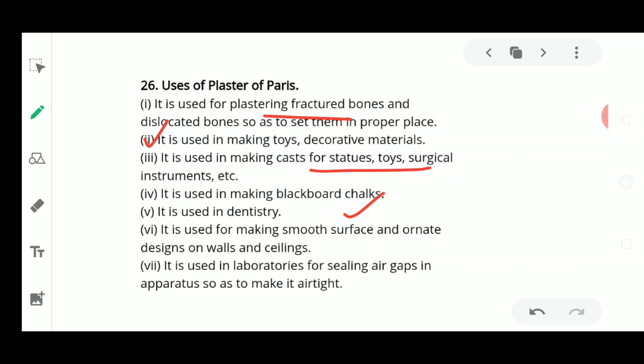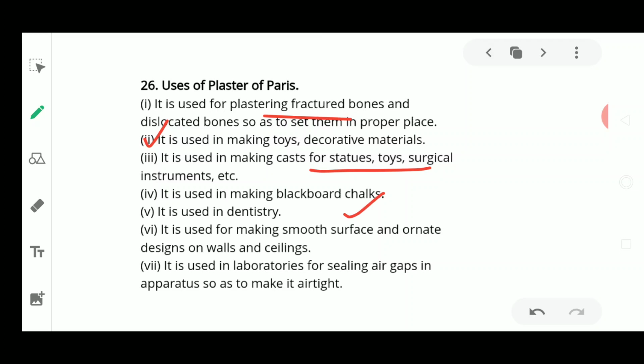Next is that it is used for making walls smooth. Before painting, after the cement plaster, the walls of the houses are smoothed with the help of plaster of Paris nowadays, so that the finish of the paint comes out in a very fine manner.